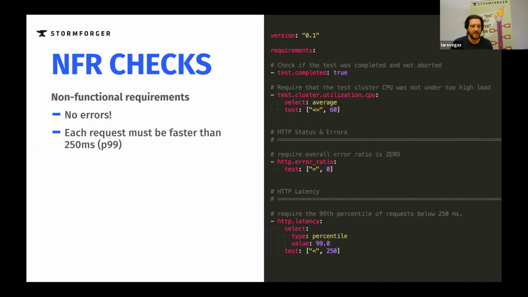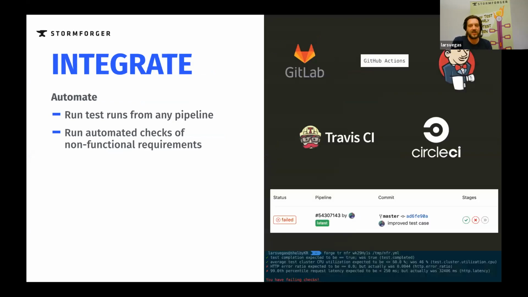You can define this, and run these NFR checks after a test run has been done. And with that, you can start automation and integrate that in pipelines. And now we're closing some cycle.